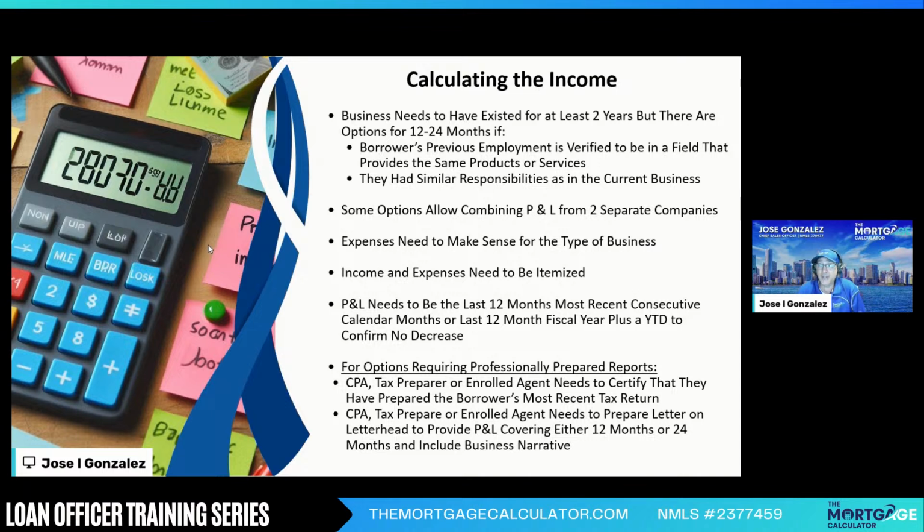So again, you would probably want to look at the guidelines for the option that you're choosing to see if they require the last complete 12 months fiscal year plus then the year to date, or if they can let you go from today 12 months back and just do it that way. Capture a month to month activity rather than the fiscal year plus year to date.